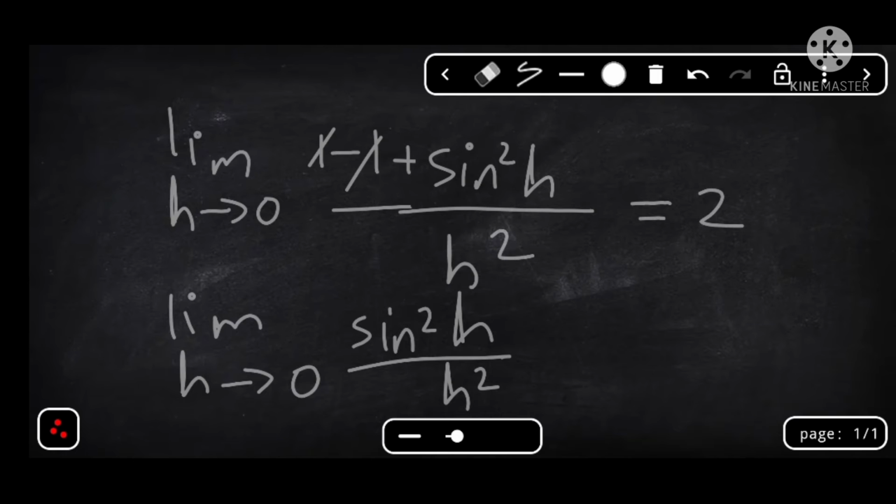There is a mistake. This can also be written as sin h the whole square.